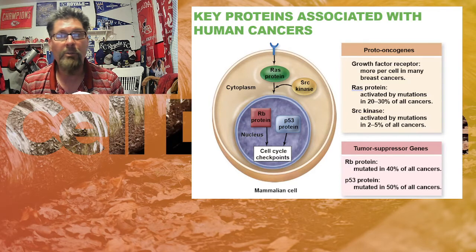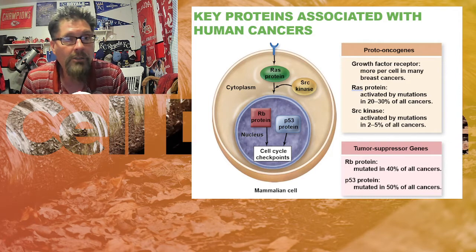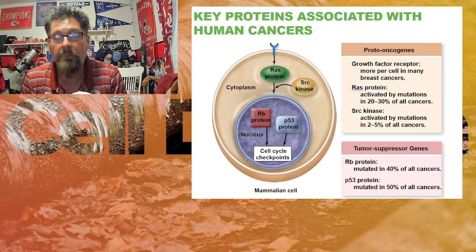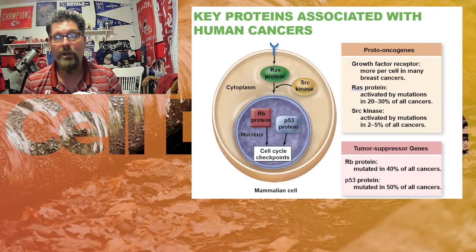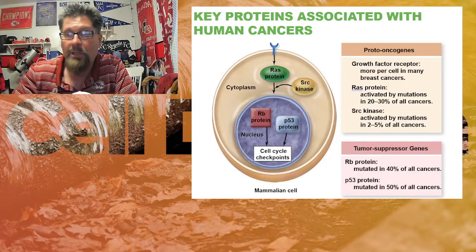You get your tumor suppressor genes, your RB proteins, and you can see the percents there if those get mutated. In all cancer cases, P53 is mutated about 50%, and the traditional RB about 40%. So it's just super important that that molecule is taken care of and stays healthy.